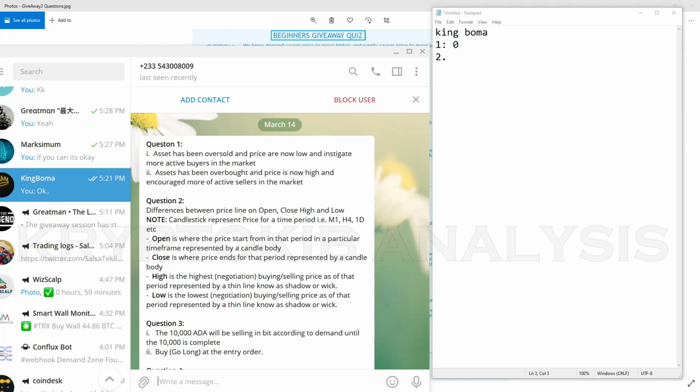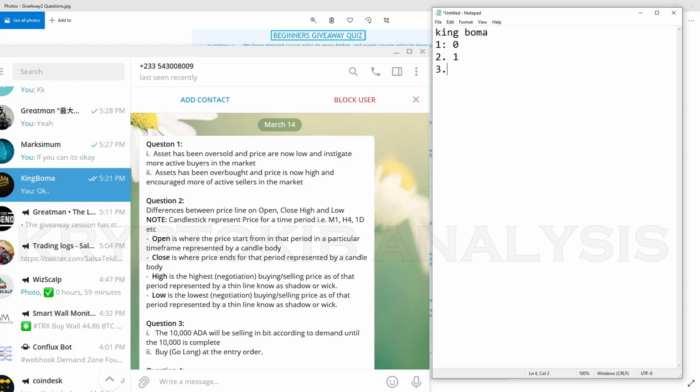High is the highest negotiation, buying and selling period, represented by a thin line as shadow or wick. Low is the lowest. So how do you see that? Okay, so that's 1 full point. Here we have 4 explanations, each one will be 0.25, so 0.25, 0.25, 0.25, 0.25, that's 1 point.